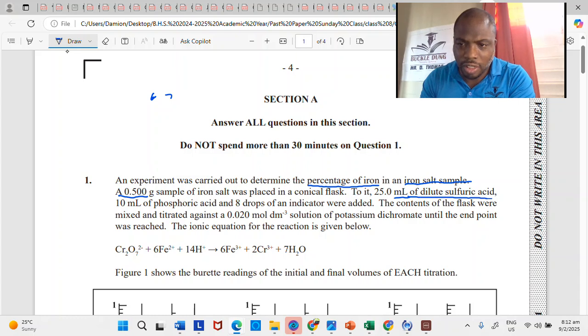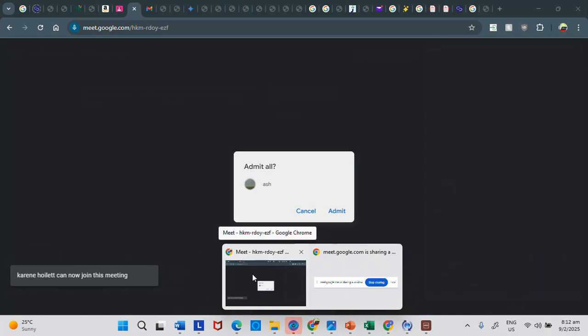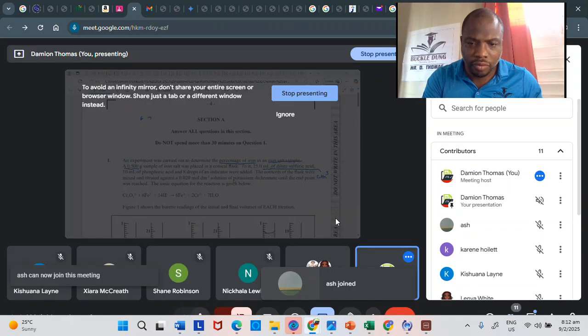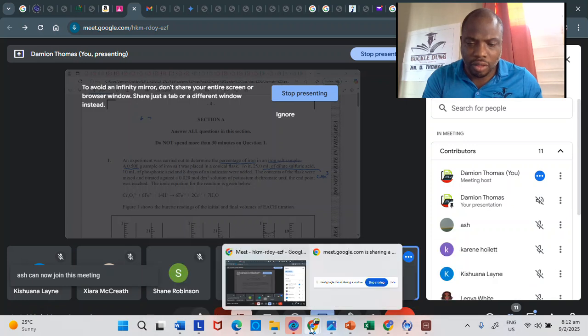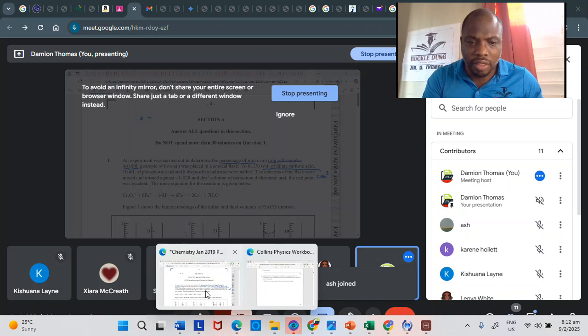This is the same as 1 centimeter cube. So if you see that, don't be frightened and say which unit is that. Just basically know you're still working with centimeter cube.